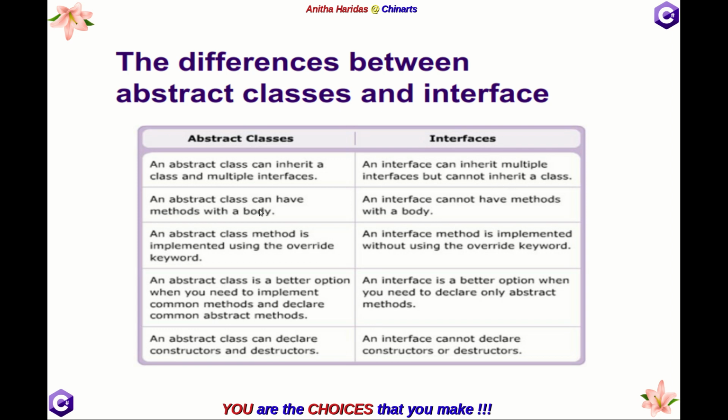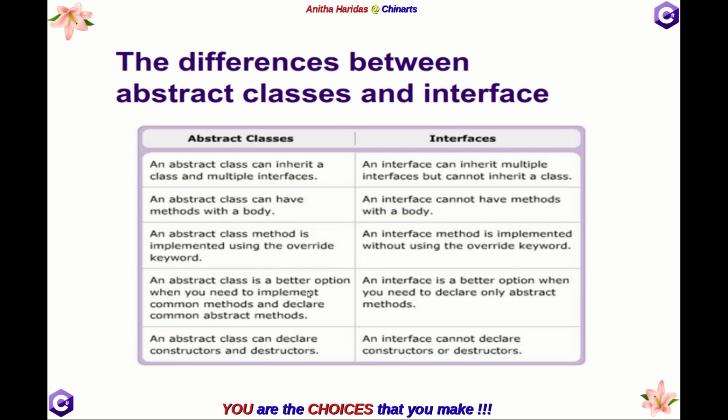Also, an abstract class can have methods with a body, whereas an interface cannot have methods with a body. Also, an abstract class method is implemented using the override keyword, whereas an interface method is implemented without using the override keyword.